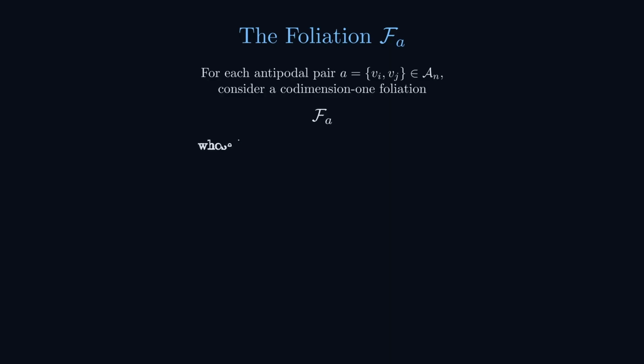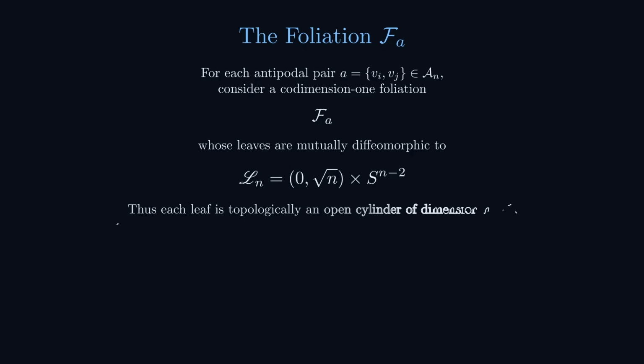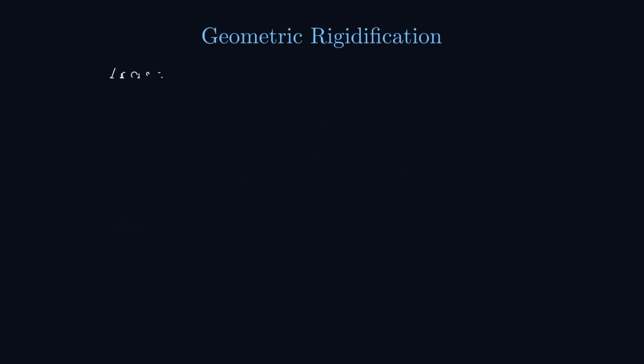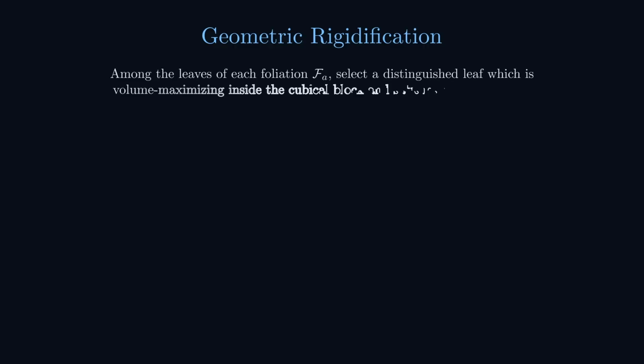For each antipodal pair, A is an element of A sub n. Consider a codimension 1 foliation, F sub A, whose leaves are mutually diffeomorphic to the model class L sub n. So each leaf is topologically an open cylinder of dimension n minus 1, with its two ends accumulating at a pair of antipodal vertices of the cube.